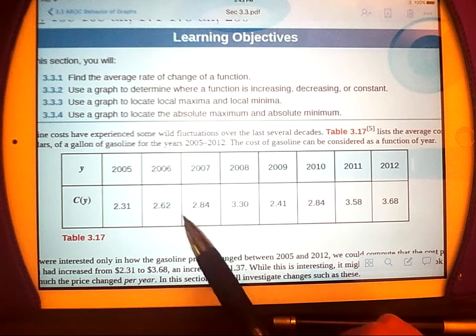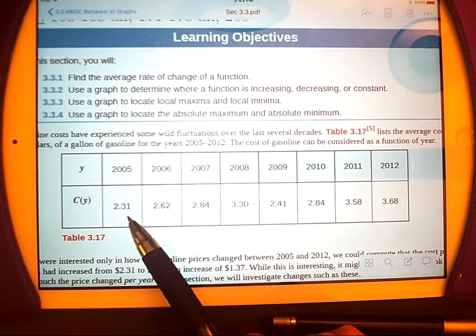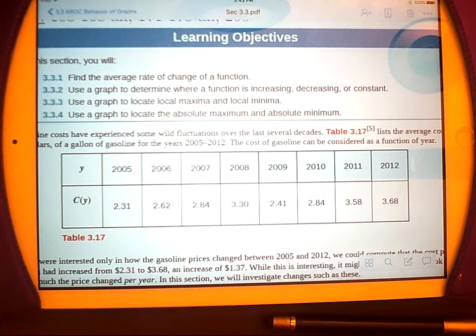We could do the same thing here. Now, here's 1 year, 2 years, 3 years. We could take this amount, subtract this amount, so that would be almost $1, so 99 cents. And now we would be dividing by 3. So it would be 33 cents a year on average that it changed those 3 years.